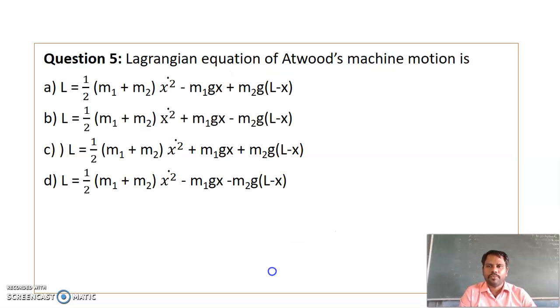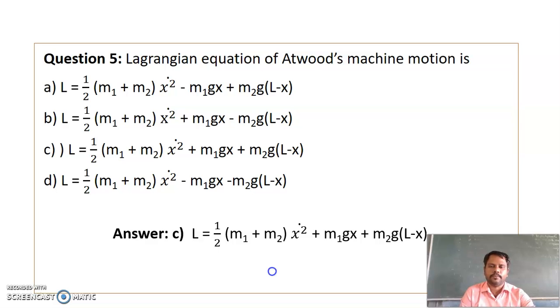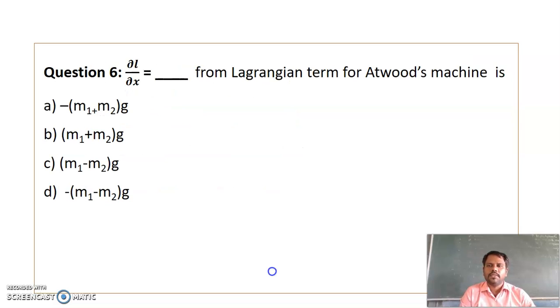Question number 5. The Lagrangian of Atwood's machine is the difference of kinetic and potential energy, that is half of m1 plus m2 x dot square plus m1gx plus m2g of L minus x. So the option is C. Question number 6.